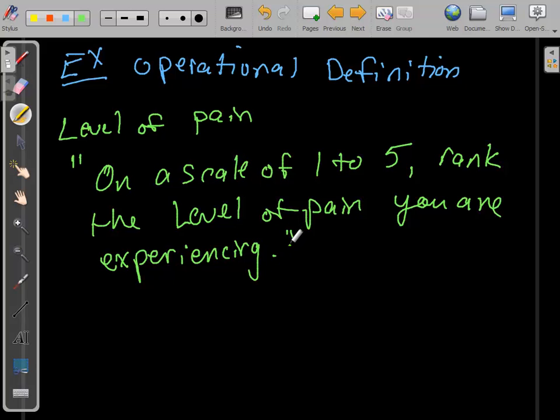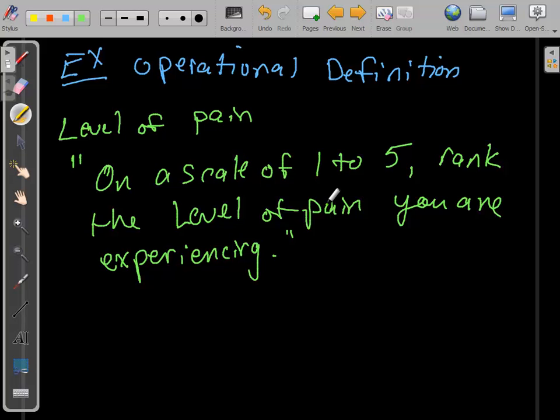Okay. Here somebody might think a 4 applies to a broken bone, but somebody else might think a 2 applies. Maybe I should have set a scale of 1 to 10. So this is kind of a subjective measurement, and also it's highly influenced by the current condition of the patient. So as an operational definition, we have to provide not only a way to measure this construct, but a way to interpret the construct.